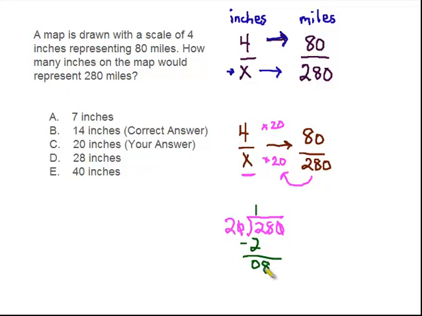And then 2 goes into 8 4 times. So 2 goes into 28 14 times. So 20 goes into 280 14 times. And so we can put in our 14 here. And that's why B is going to be our answer.